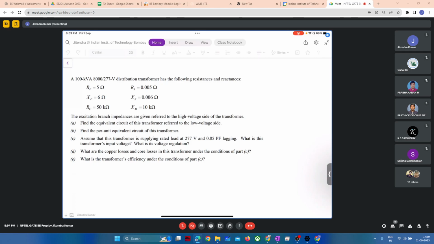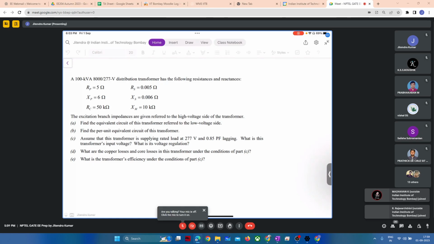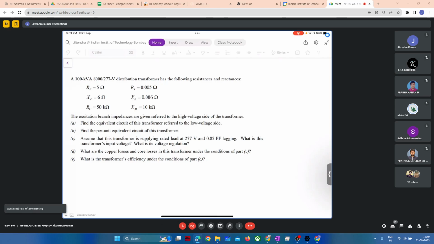I hope you guys are aware of the equivalent circuit concepts. Why is it required and how do we draw those equivalent circuits? Anyone can answer, and anyone who doesn't know anything about equivalent circuits is encouraged to speak so that we can discuss those topics.